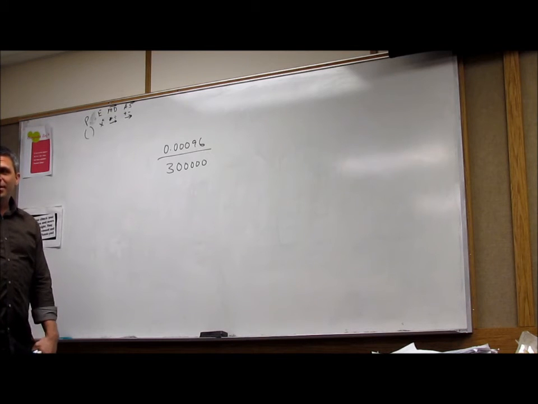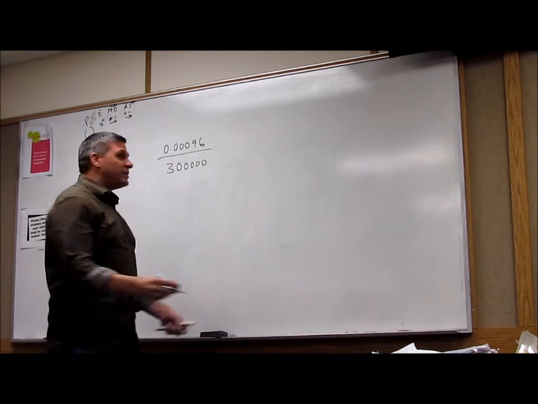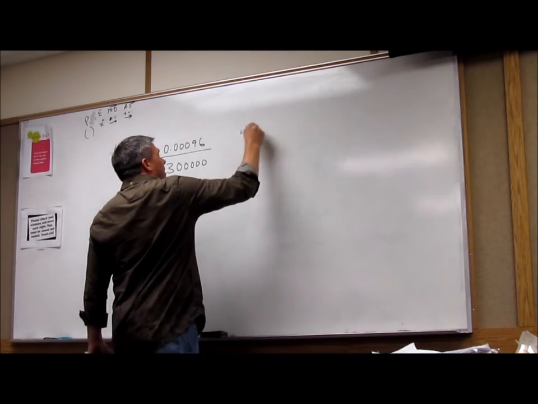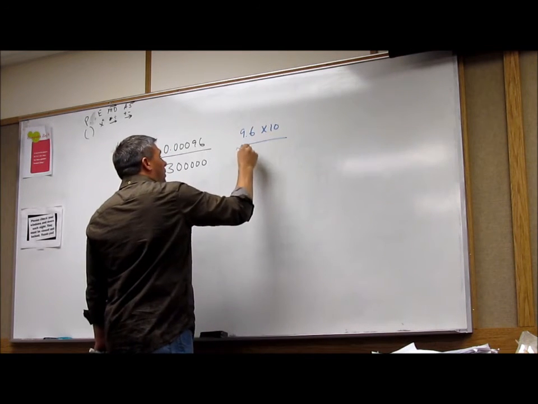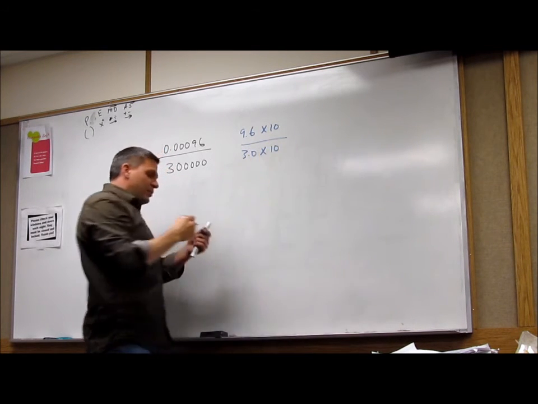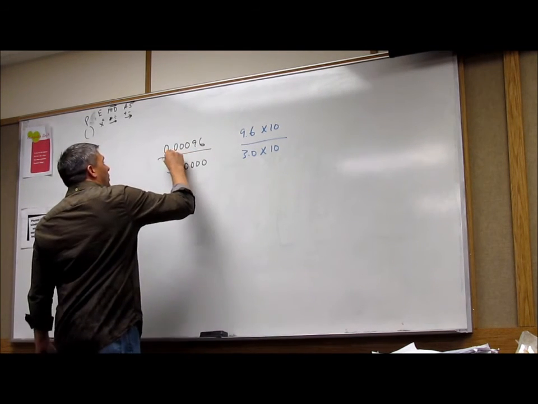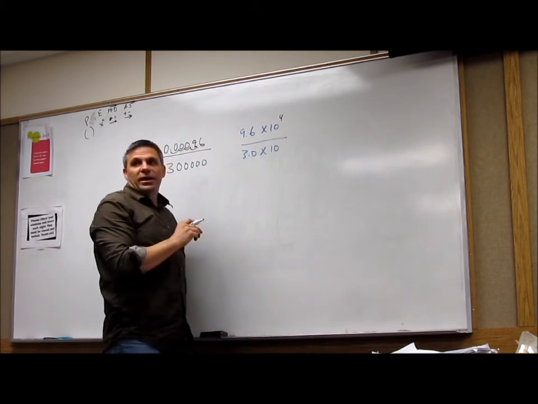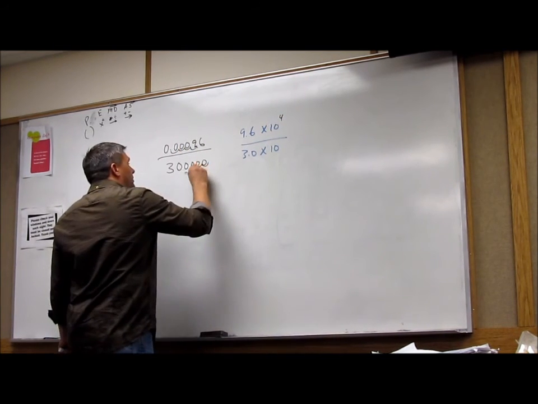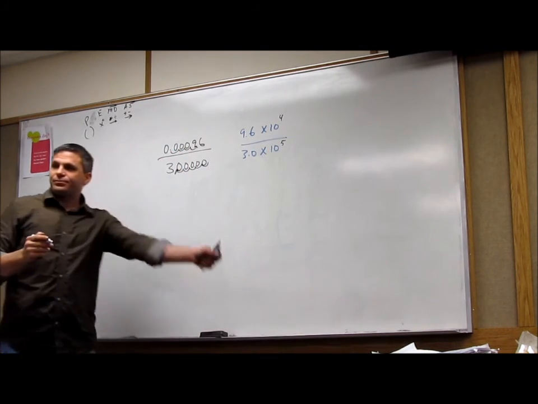This one can be a little confusing, correct? So, let's just move it into scientific notation. 9.6 times 10 and 3.0 times 10, and then we have to figure out how many tens, right? So we've got 1, 2, 3, 4. So I know there's 4 there. And 1, 2, 3, 4, 5. So I know there's 5 there.